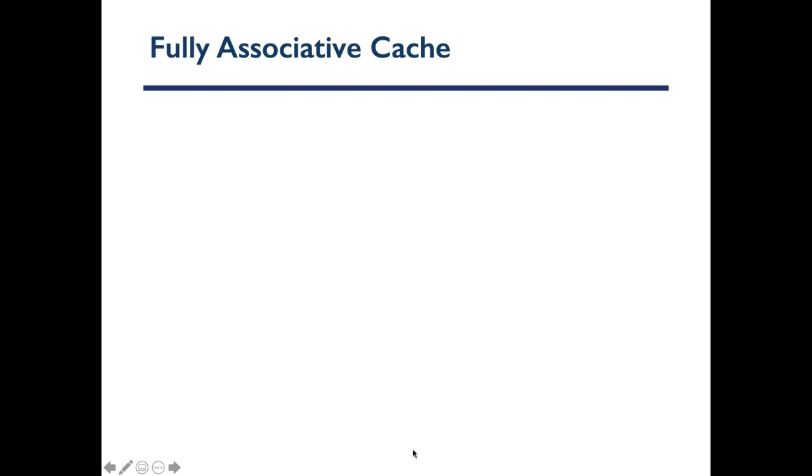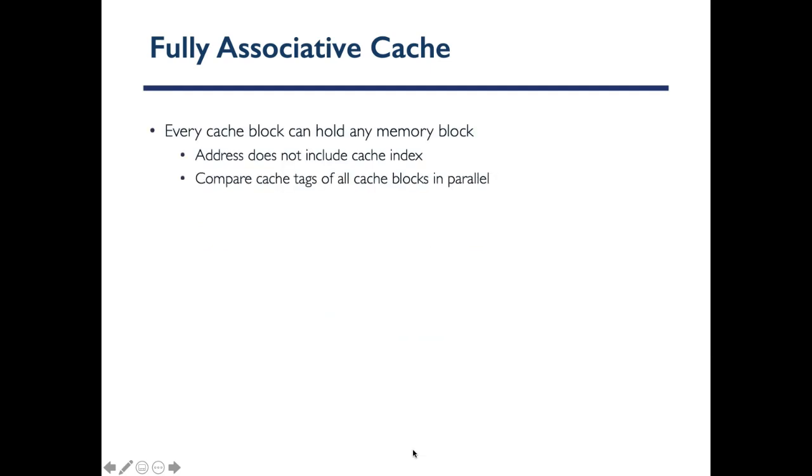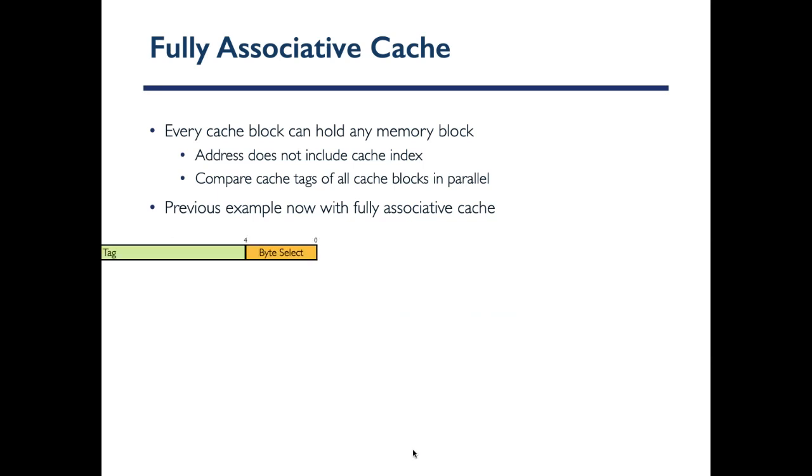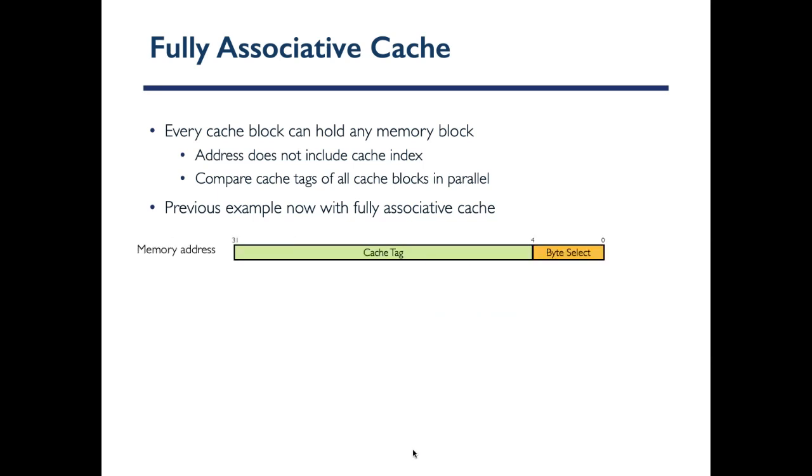And finally, let's look at fully associative cache. In this one, you have as many candidates as the number of blocks in your cache. So basically, you get rid of the cache index. You don't need the cache index. Basically everything you have is a cache tag. You still have byte select if you have blocks that have multiple bytes.